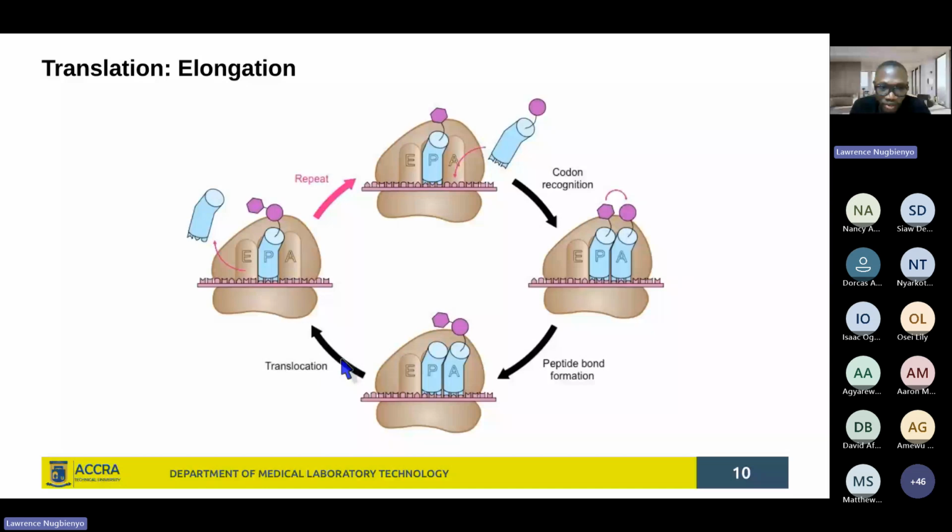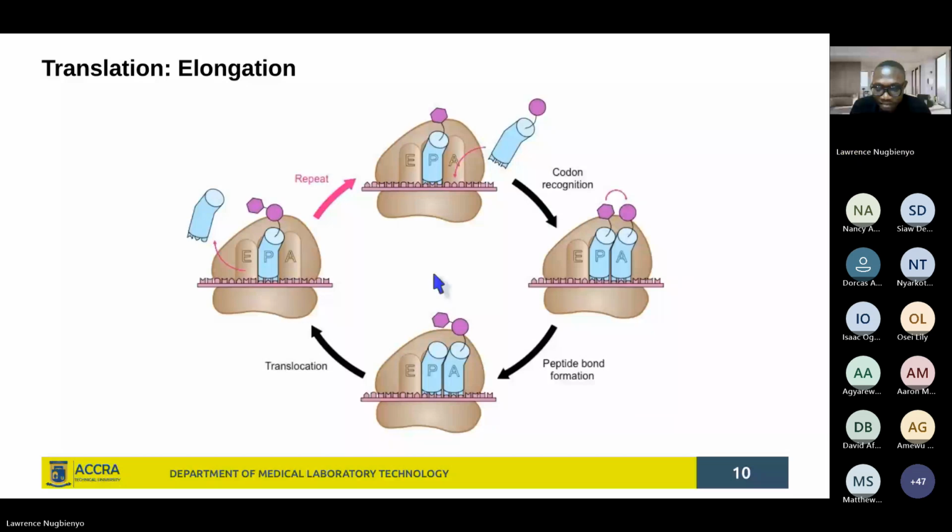And when that shift occurs, it means the A site becomes empty, whilst the transfer RNA which has been freed from the P site, when there was a transfer of an amino acid or a peptide from it onto the next amino acid, moves to the exit site, the E site, and then leaves the complex. So the process goes on and on in that cycle as the process of elongation.